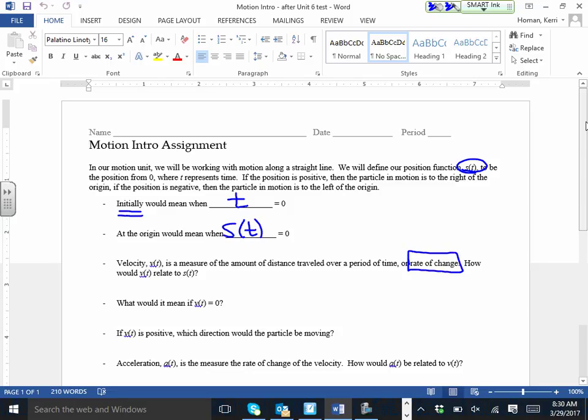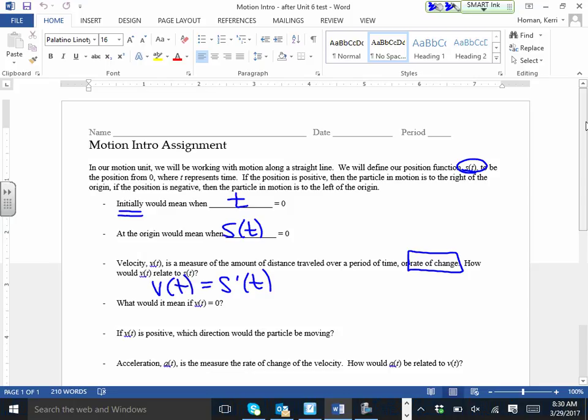Okay, and what is a way for us to describe an instantaneous rate of change? The derivative. So our velocity function is just the derivative of our position. Okay? That's an important concept.